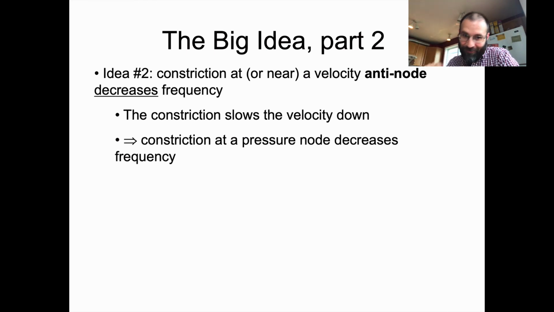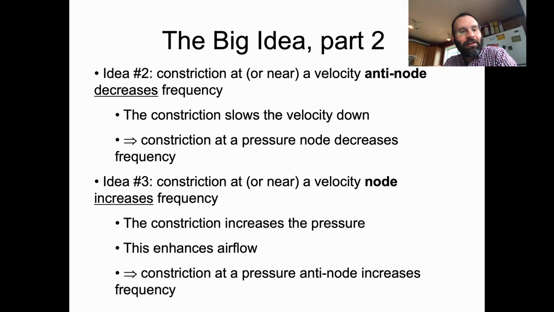I'm going to write these concepts on the board before I start the second half of this lecture, and then we'll review them before we get into some examples. The flip side is that if you constrict near a velocity node, that's supposed to increase frequency. It might be easier to think about this in terms of the counterpart of velocity, pressure. A velocity node is a spot in the standing wave where velocity is not really changing.